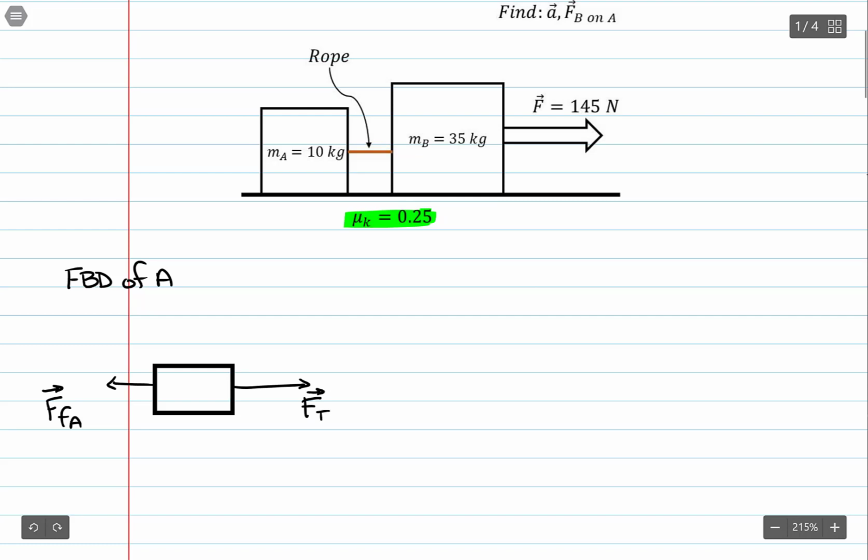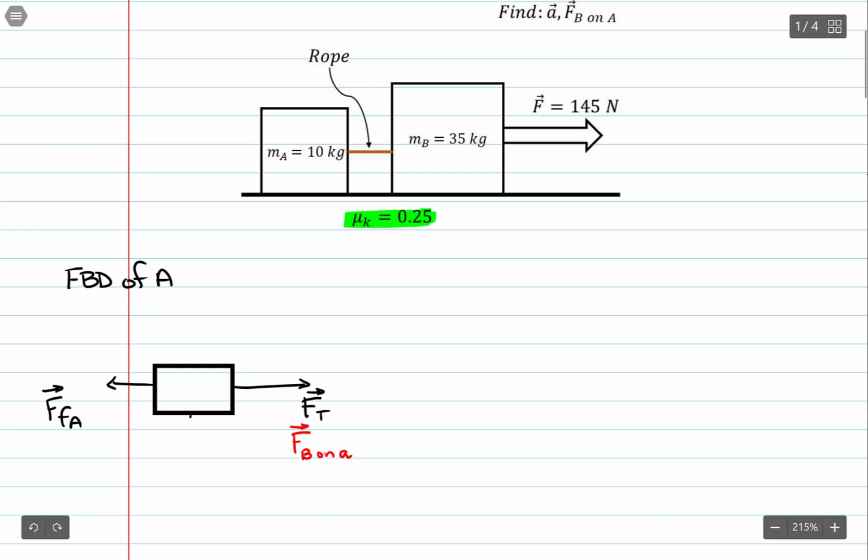In fact, that is caused by box B. So this force FT, we can say, is the force of B on A. So if we can determine the tension force on box A, that's the force that box B applies on it.